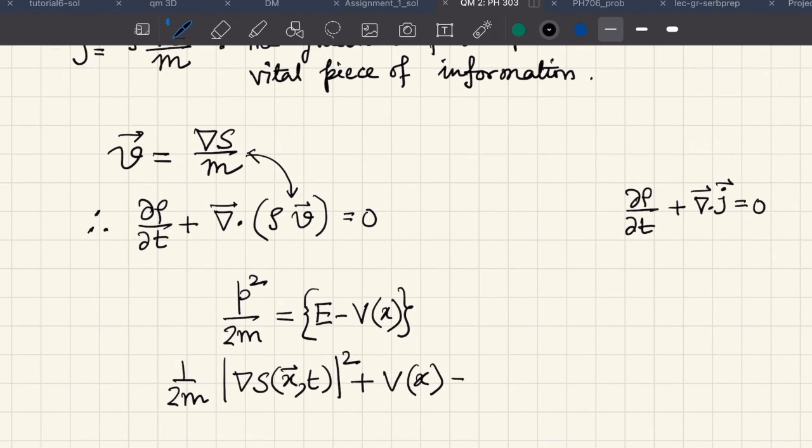So this will be plus del S del t, which is equal to 0.